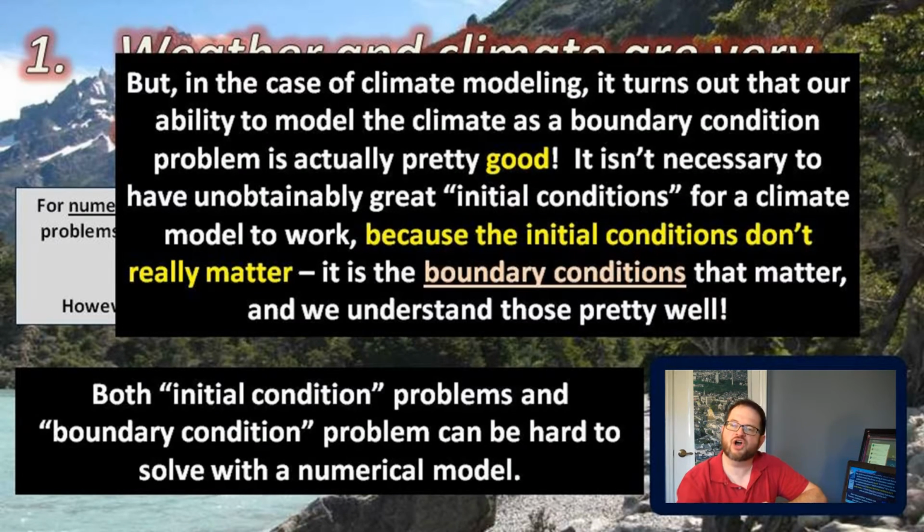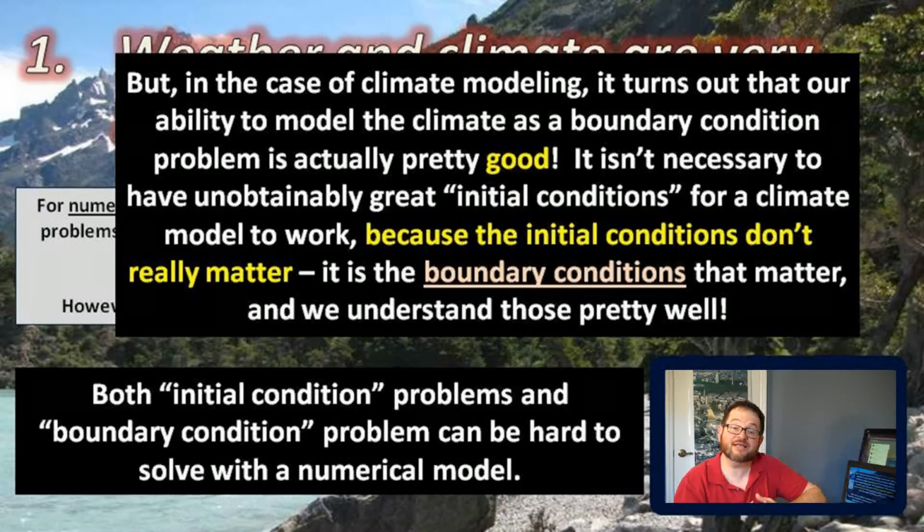But let's say I do 2 simulations. One, I run the model for 100 years, giving it as initial conditions January 1st, 2000. And then I have another run where I give it a different set of initial conditions, January 1st, 2001. When I run the models out, they're going to be very different in terms of their day-to-day weather.